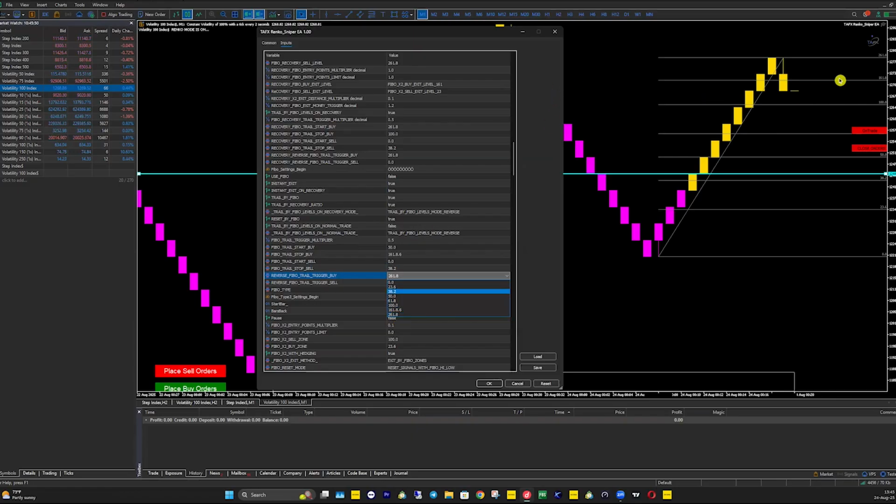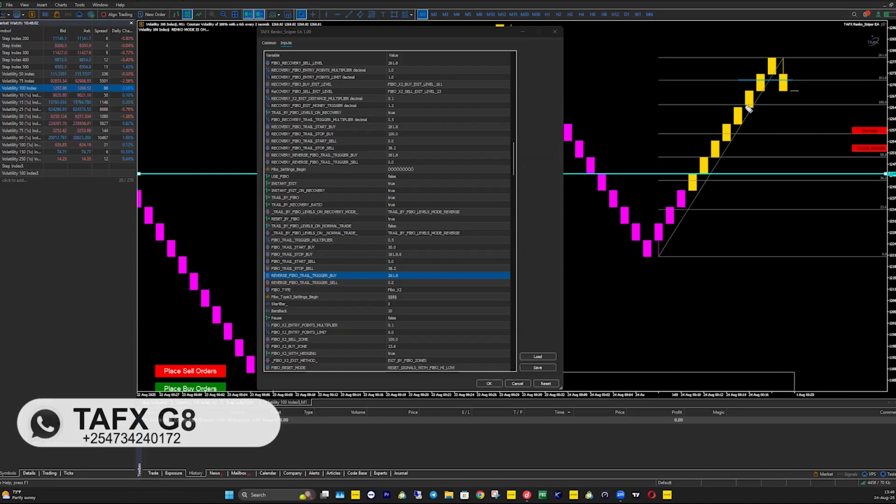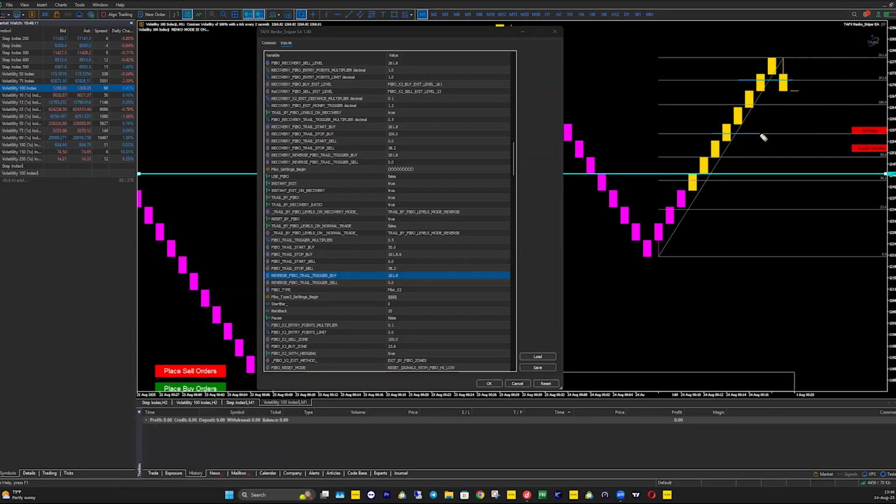So if, for example, the market is at this point, and you want the trailing start when the market crosses your entry point with level, let's say, 68, then you want the trailing stop to be here. It is simple. You can do that.